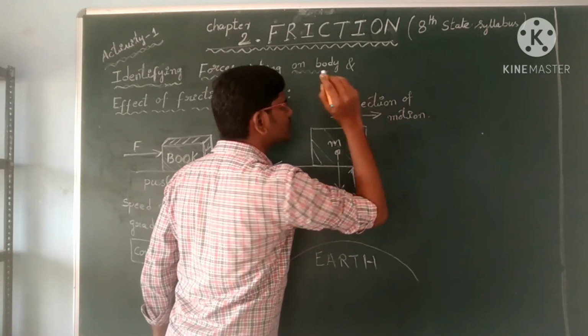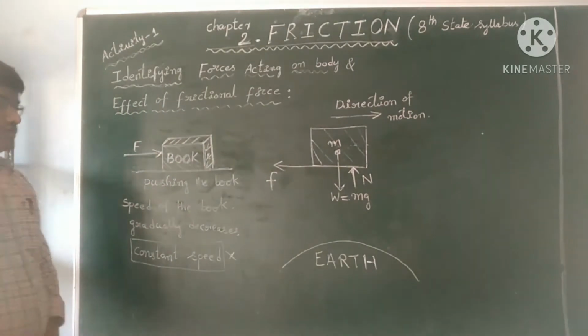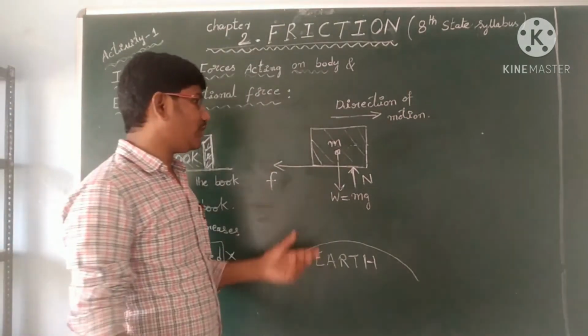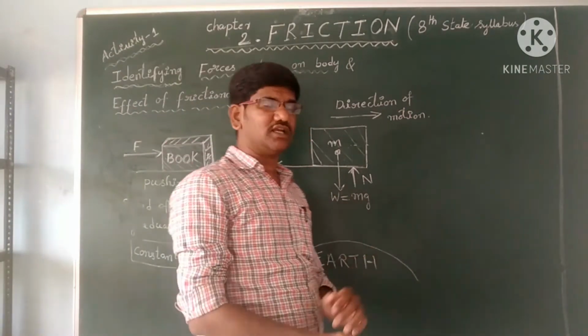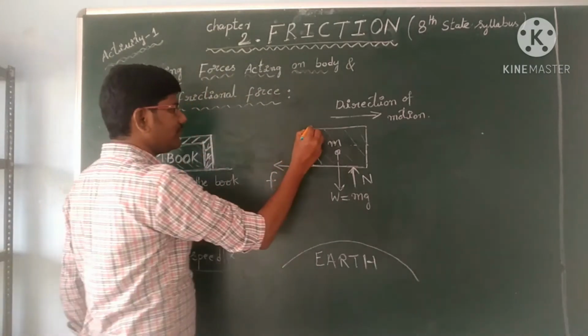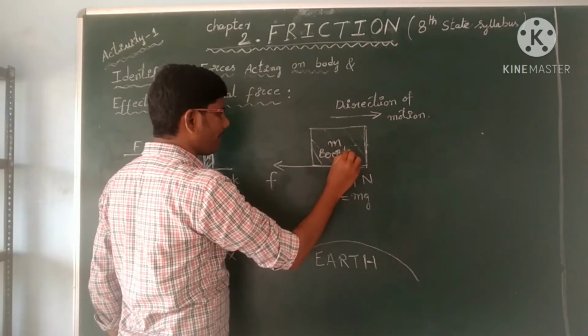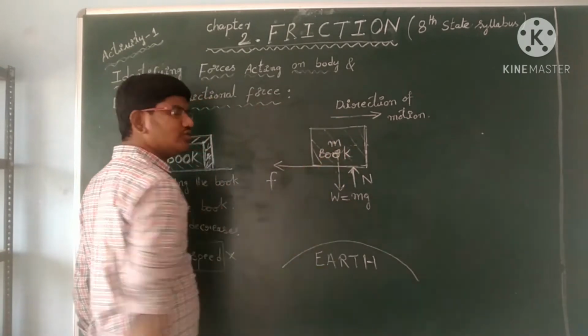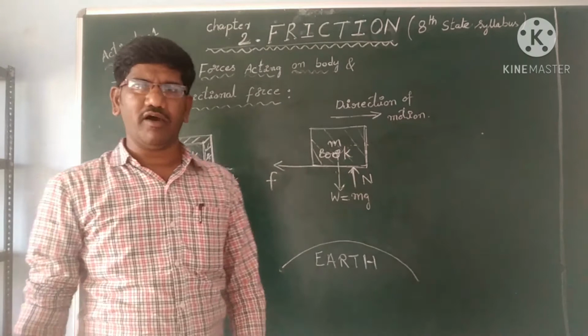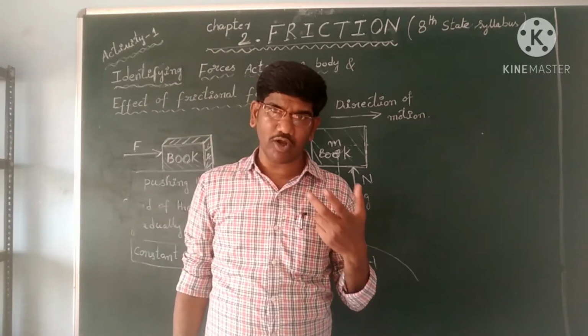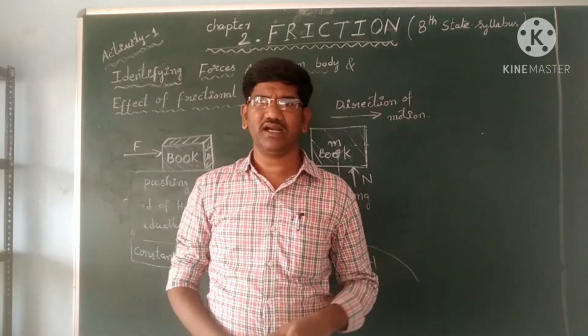Direction of motion of the book. See students, here I want to find the number of forces acting on the book, in the horizontal direction and also in the vertical direction.